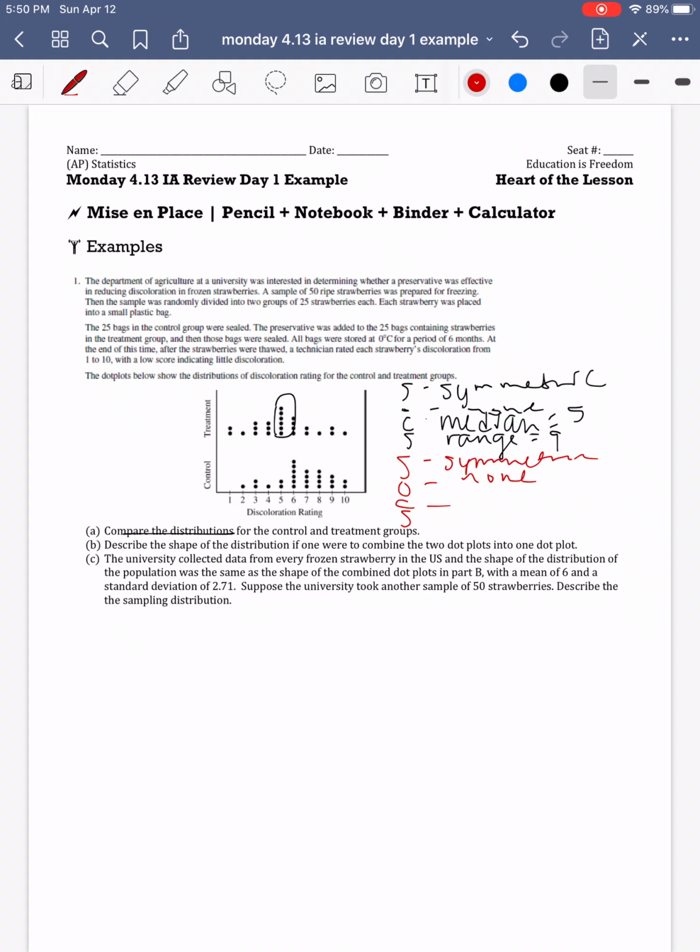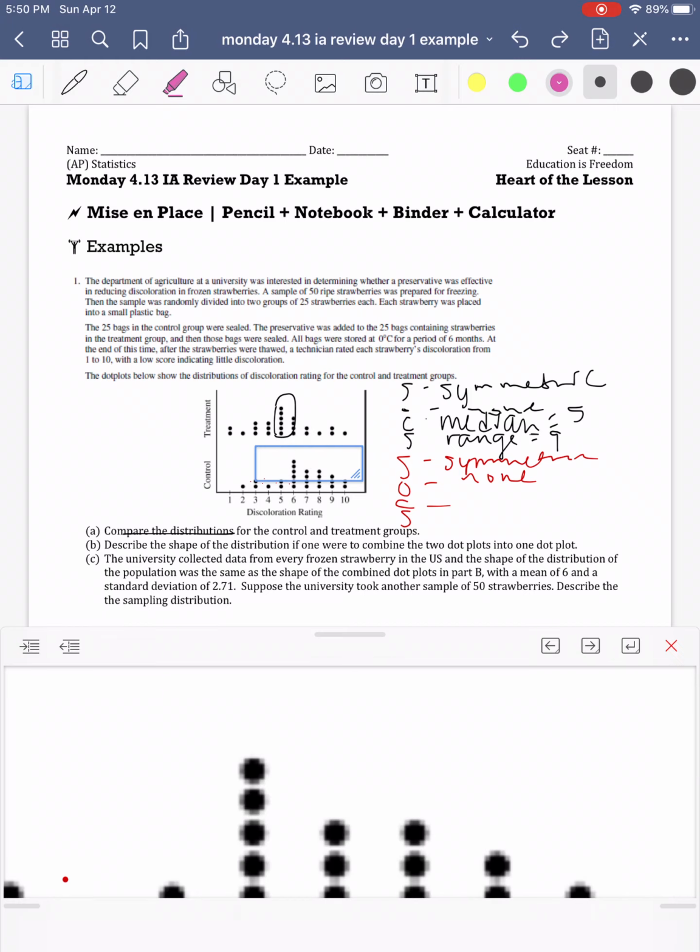So again, let's find the midpoint of 12. So 1, 2, 3, 4, 5, 6, 7, 8, 9, 10, 11, 12. 2, 3, 4, 5, 6, 7, 8, 9, 10, 11, 12. So the 13th, which will be our middle, is actually going to be this, calibration is not working super well.